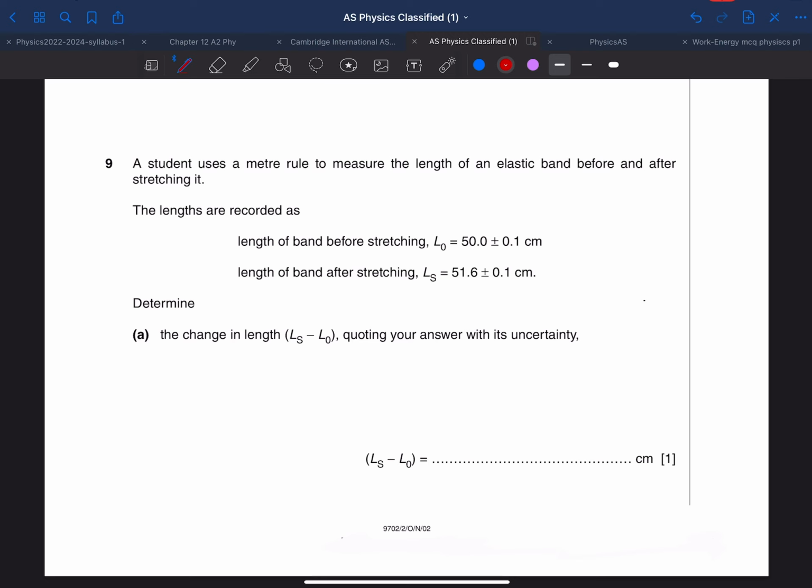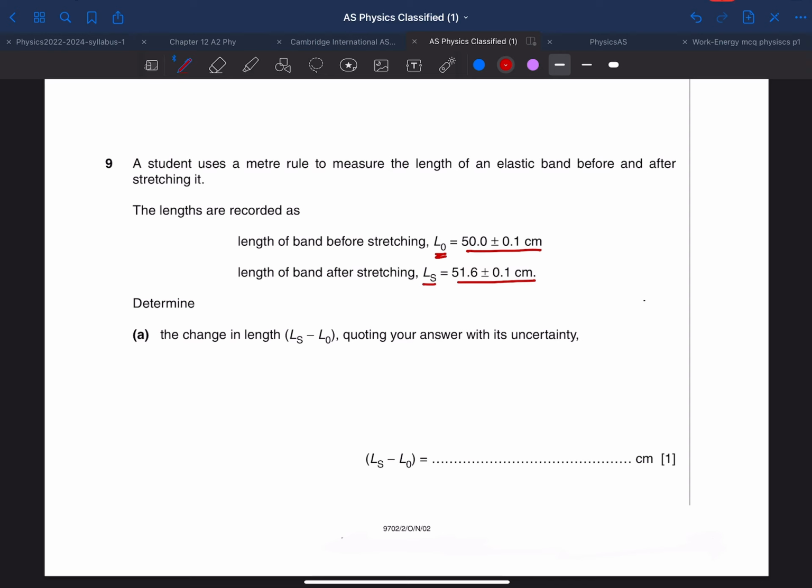The lengths are recorded: length of the band before stretching is given as L0, and this is the value. Length of the band after stretching is LS, and this is the value. So two quantities you have, and you can see that we are dealing here with the difference, the change in the length, LS minus L0.